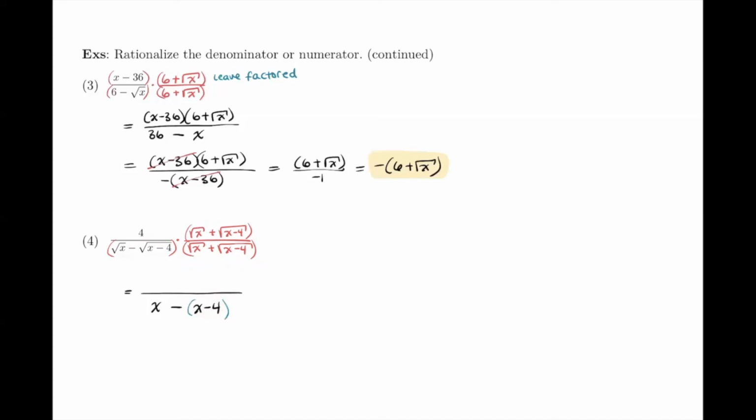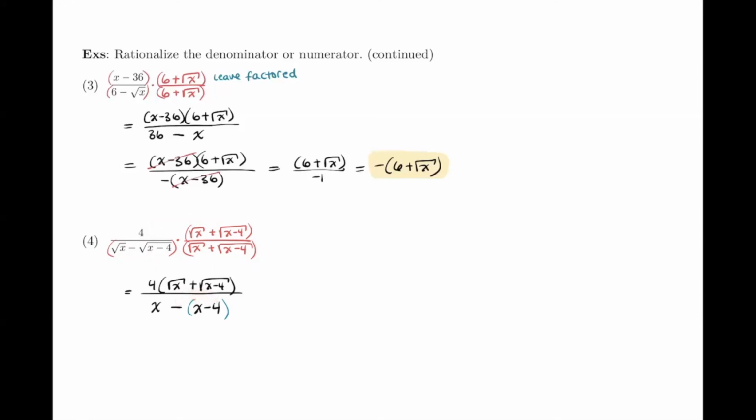Now, the other part that you are not rationalizing, I would recommend that you leave it factored. So what I mean by that is don't go distributing the 4 into the parentheses. Just leave it as 4 parentheses radical x plus radical x minus 4. Now in the bottom, think about distributing this minus sign.